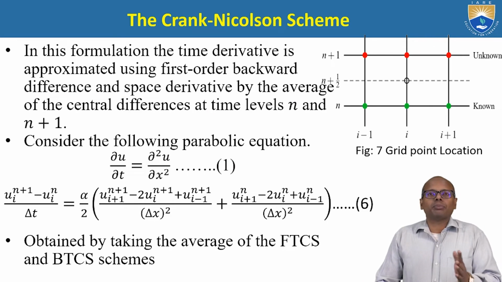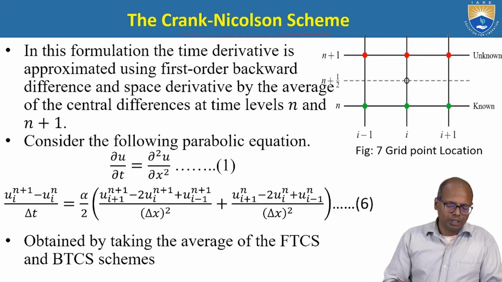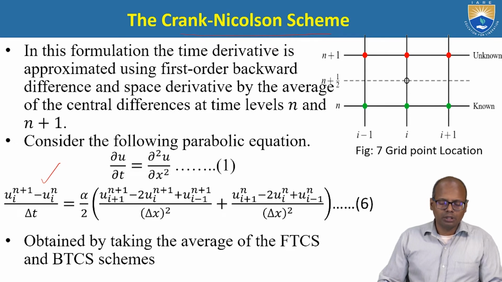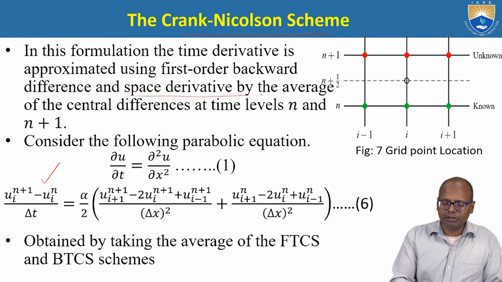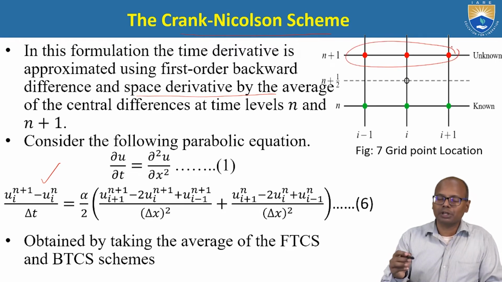The next method in the implicit scheme is the Crank-Nicolson scheme. This is another scheme in the implicit approach. What is this Crank-Nicolson scheme? Here it is backward in time, and for the space derivative, I am taking the average of the central difference at the n plus 1th location and the central difference at the nth location.